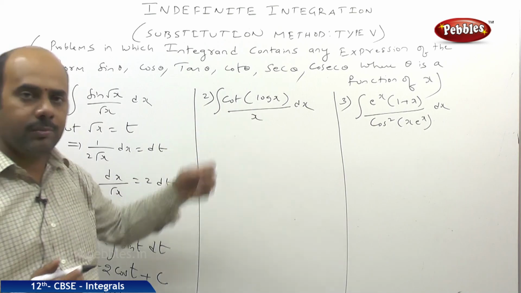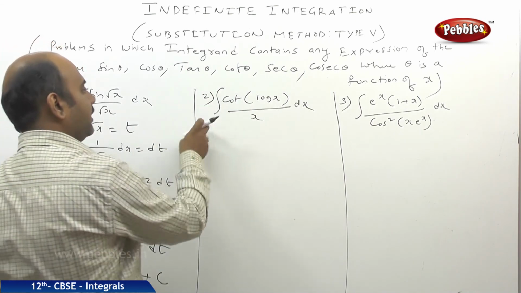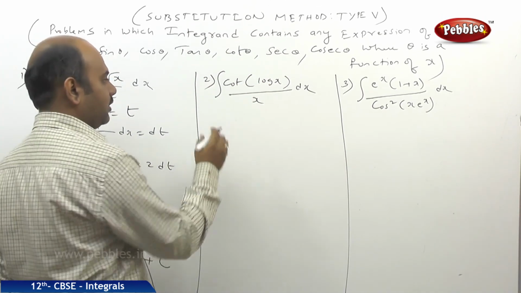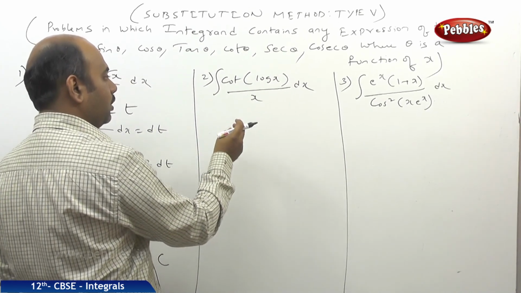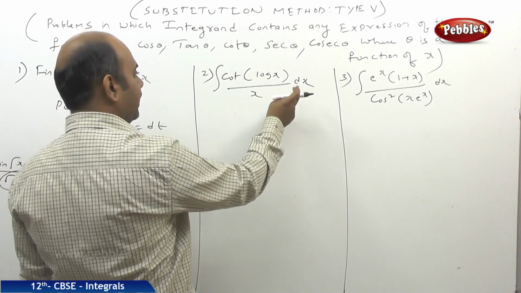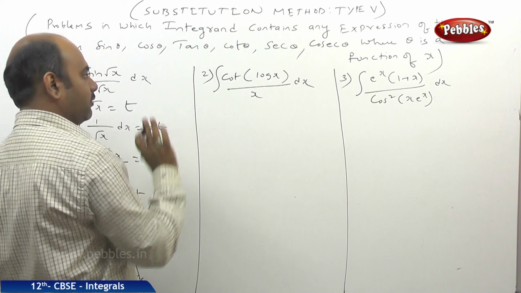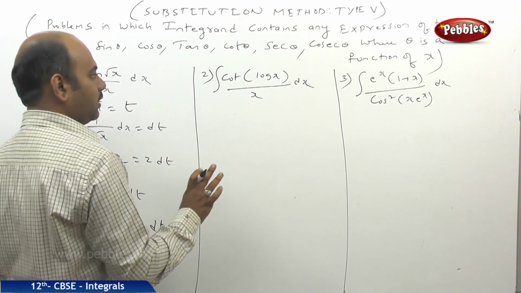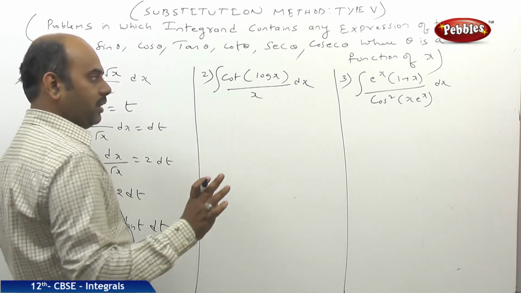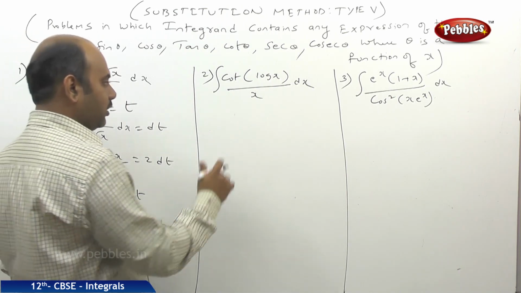Similarly, we will go for the second problem: integral of cot of log x by x dx. What will I be doing here? We should think twice before applying t for some function. That means substitution should be done very carefully. If I put log x is equal to t, then 1 by x dx becomes dt.